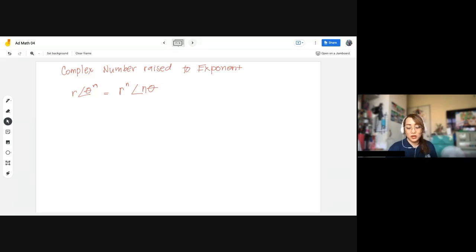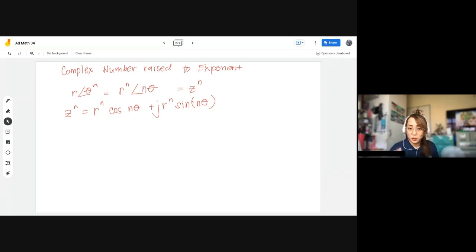Or, if that is z to the n, in terms of trigonometric form, that will be r to the n cosine n theta plus j r to the n sine n theta. Okay?